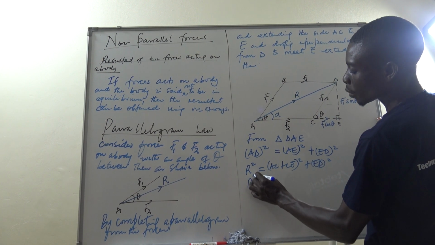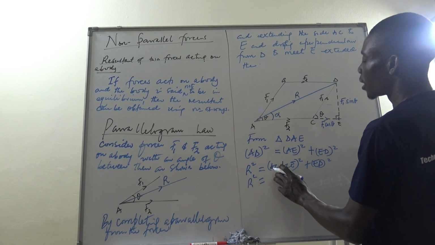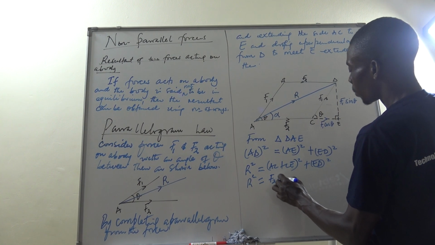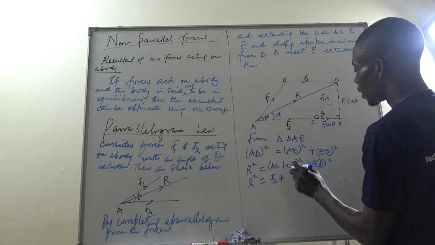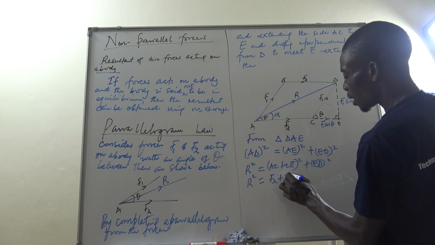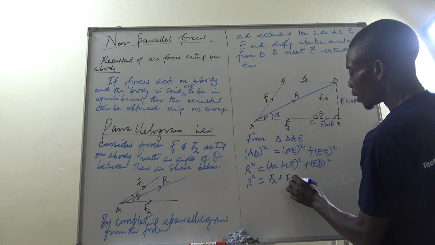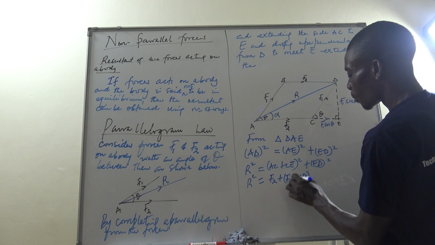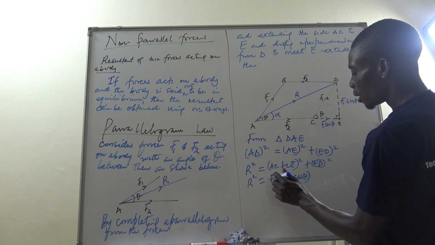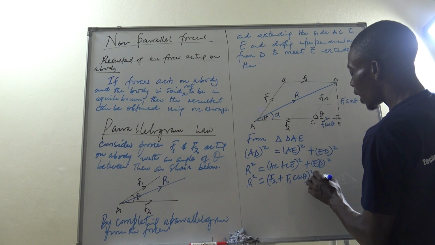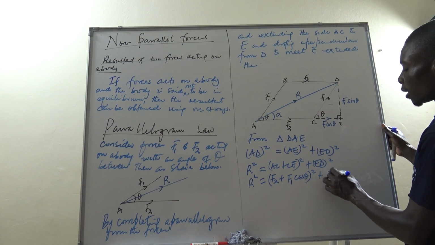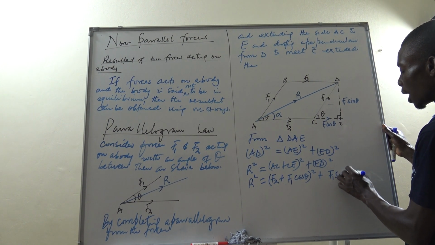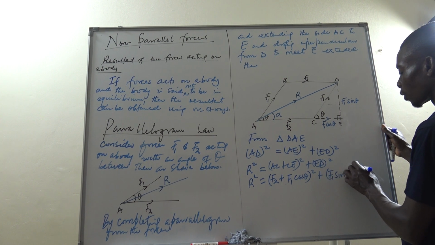That means my R squared is equaling to AC, which is F2, plus CE, which is F1 cos theta, combined and squared, plus ED, which is F1 sine theta, also squared.